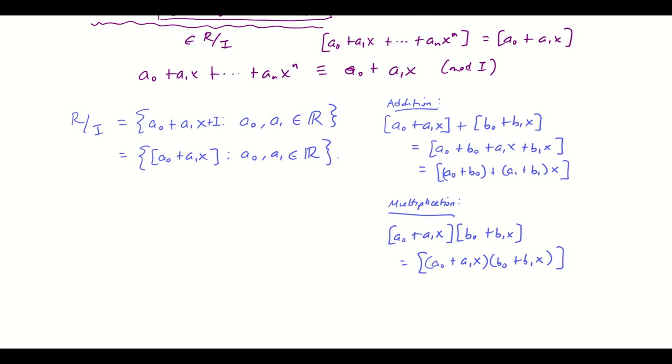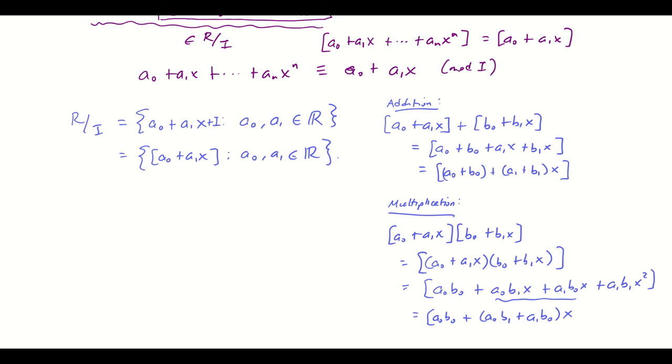If I distribute, I get the congruence class of a0 b0 plus a0 b1x plus a1 b0x plus a1 b1x squared. Okay, but wait. I know that I can combine these two terms in the middle. So I'll go ahead and do that.